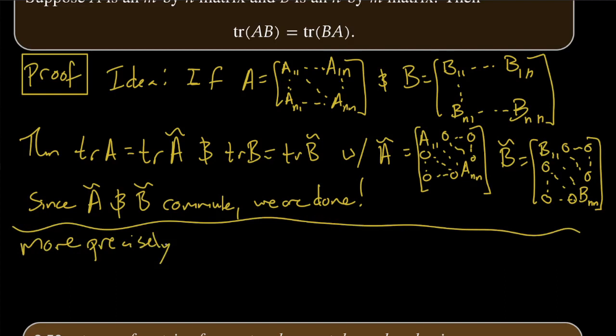More precisely, here's all you have to do. The jth term on the diagonal of AB, so that's (AB)_jj, will be equal to the sum from k equals 1 to n of A_jk B_kj.